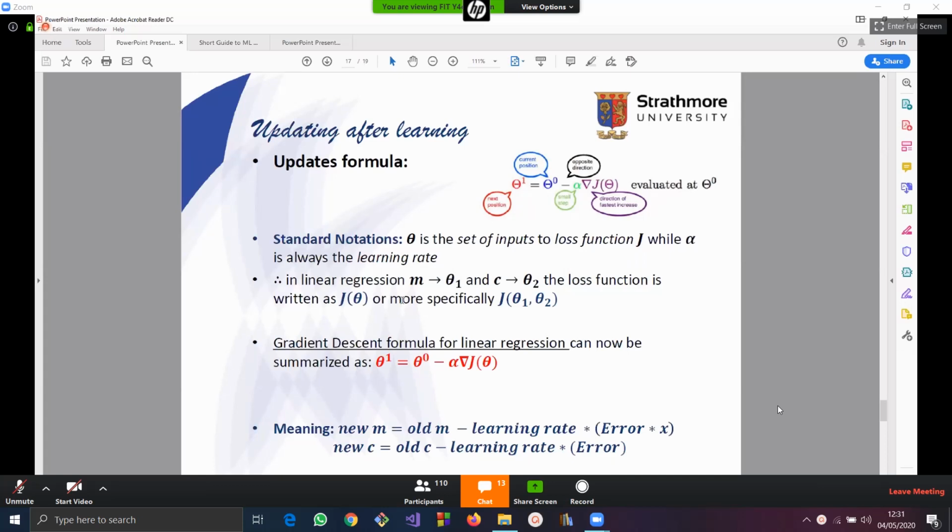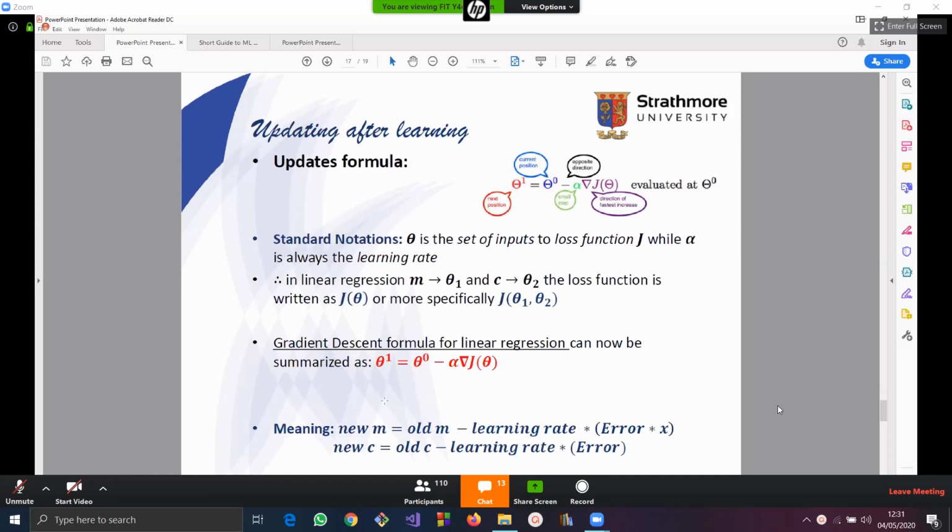And how do we represent now the loss function? We just write the loss function as J, that's the function, and the arguments are theta, or even more specifically in linear regression, J of theta 1, which is M, and theta 2, which is C. So this is what you will find in a standard way. So in summary, I'm going to update M and C in every iteration, okay?